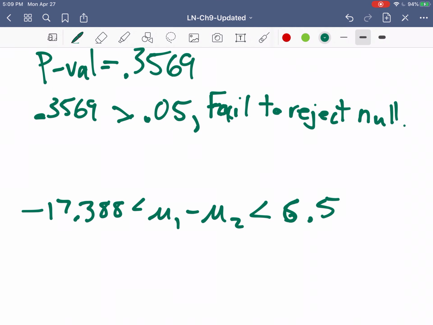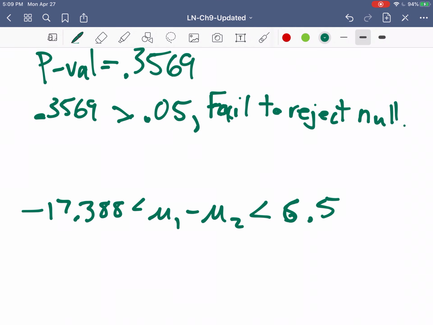And here we notice that 0 is between this value and this value. So this is a reasonable belief.